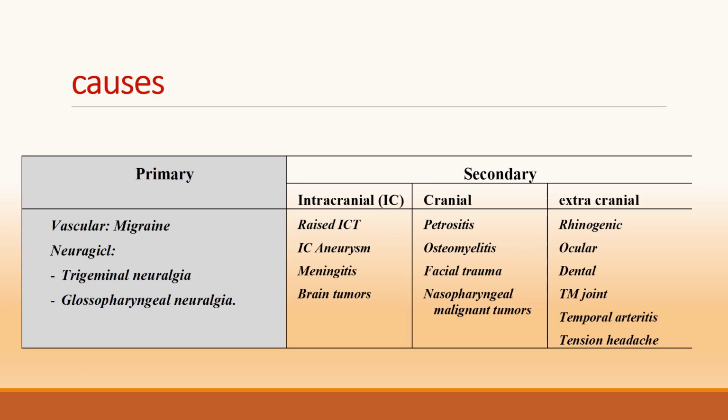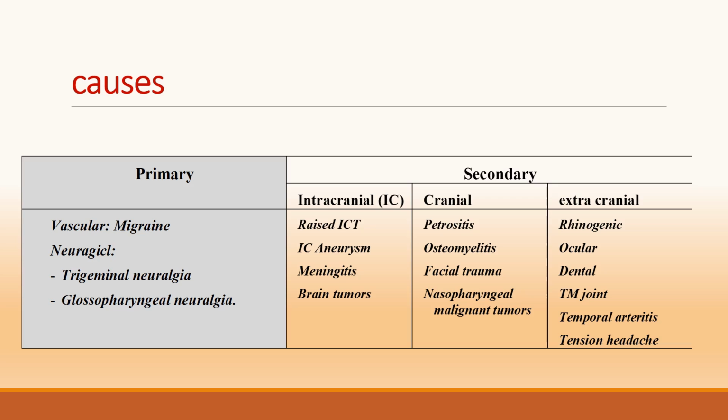Causes of headache. We have primary and secondary. Primary, vascular like migraine, neurological or neuralgia, like trigeminal neuralgia and glossopharyngeal neuralgia. Secondary, like intracranial, raised intracranial tension, intracranial aneurysm, meningitis, brain tumors.